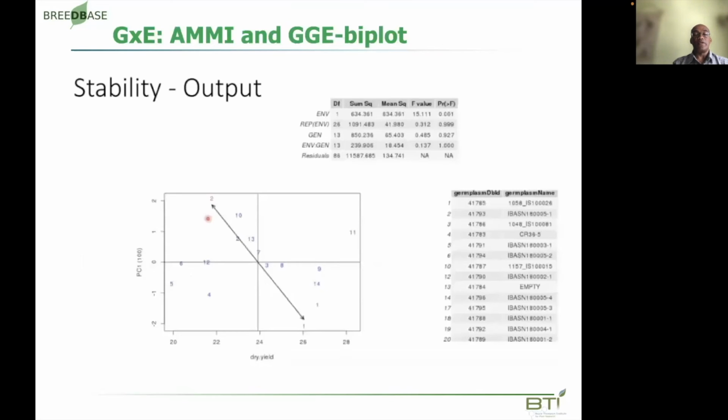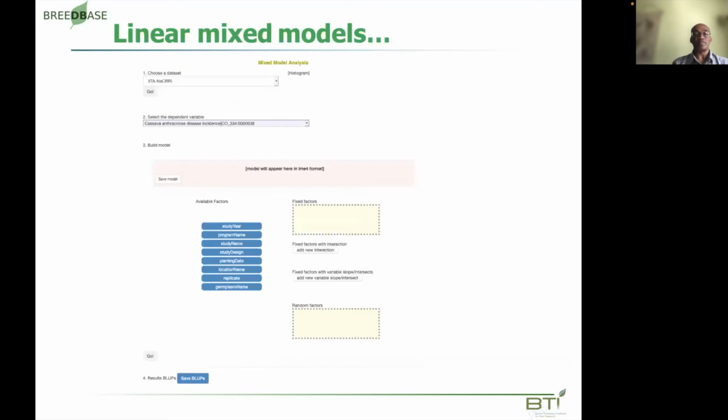If you have data from multi-environments, you want to assess G-by-E interactions, there is also a tool for that that implements AMMI and GGE biplot approaches, and you can get the stability of your clones across the environments using this tool.